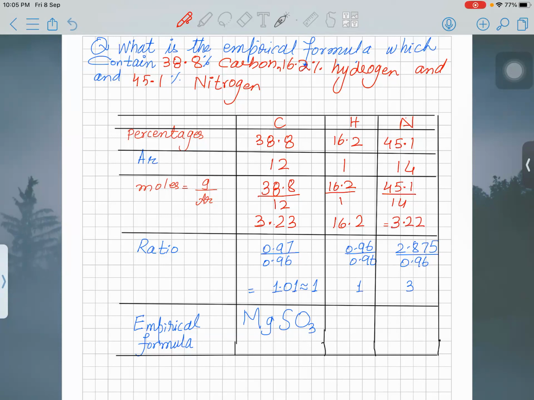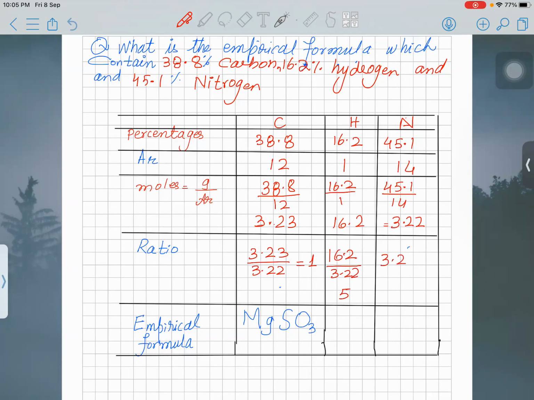Now find the ratio. Which one is smaller? 3.22 is smaller. 3.23 divided by 3.22 is 1. 16.2 divided by 3.22 is 5.